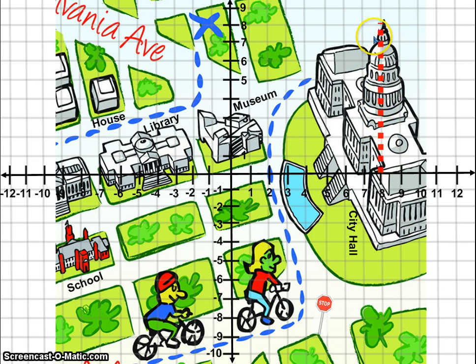And then we go along our y-axis, and it's at the very top here, located at the y-coordinate 8. So the ordered pair for the top of City Hall's tower is 8, 8.